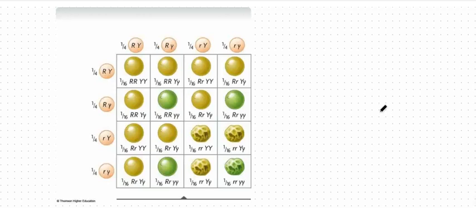The last step in any genetics cross is to figure out the ratio of phenotypes present. I see 1, 2, 3, 4, 5, 6, 7, 8, 9 individuals who have round yellow seeds.